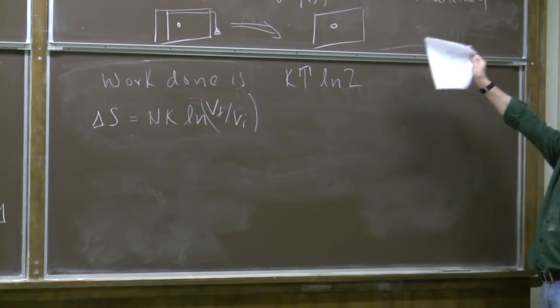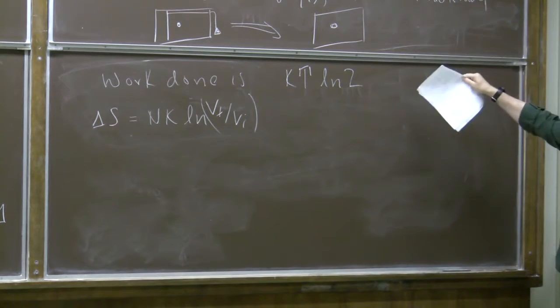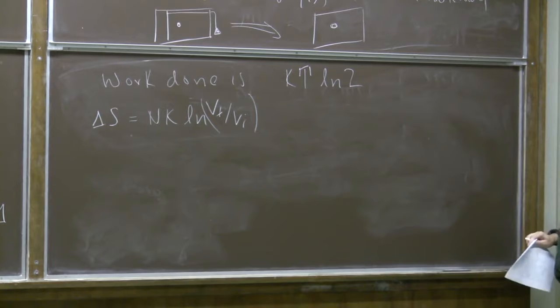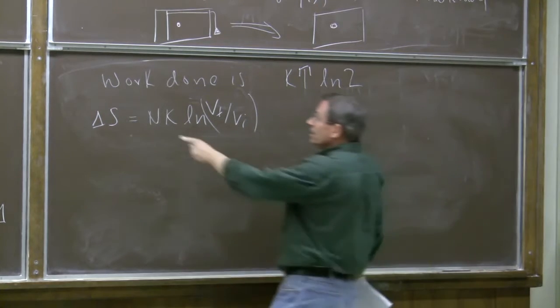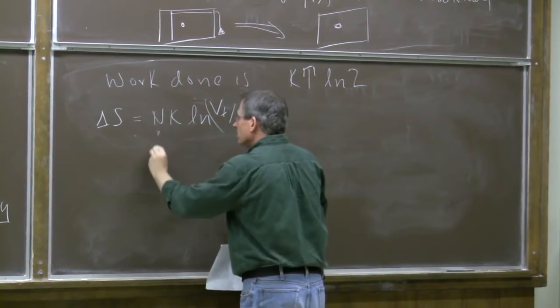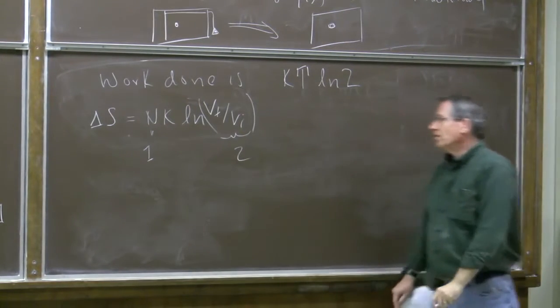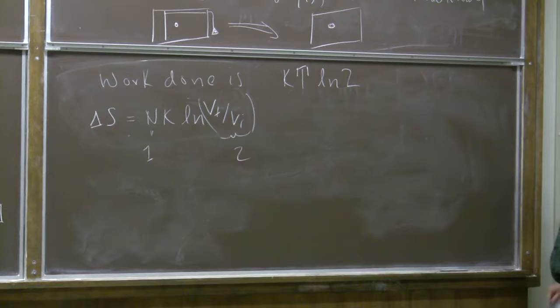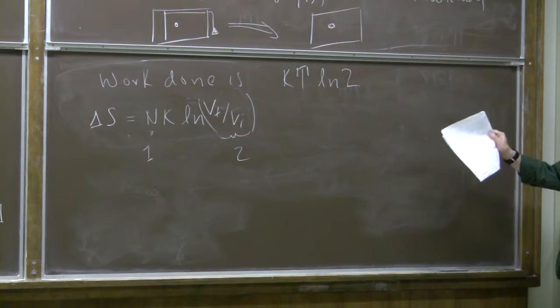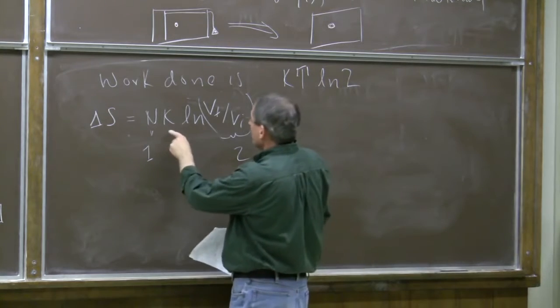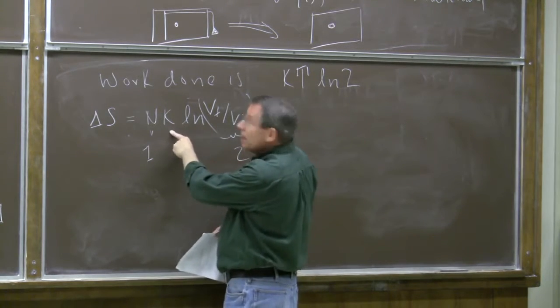I guess I didn't explicitly say so, but I was imagining that I put the partition right in the middle, so when the wall gets pushed all the way to the left side, the volume has doubled. So the entropy, in this case, when N is equal to 1, and the ratio of the final volume to the initial volume is 2, the entropy increase is just k log 2.